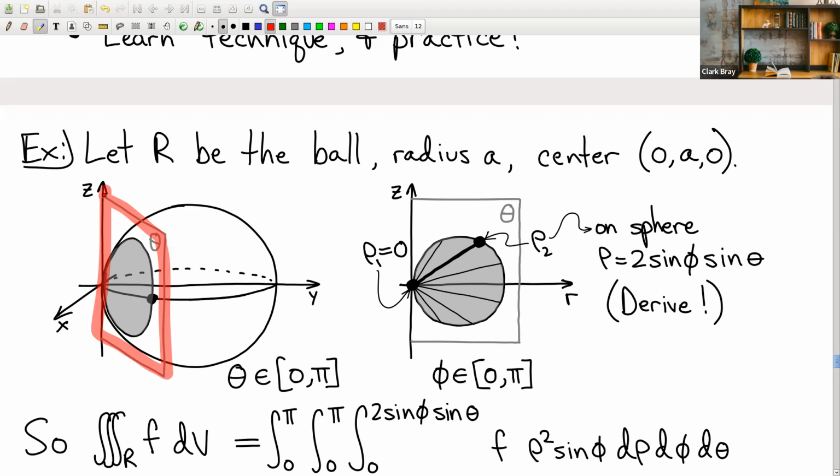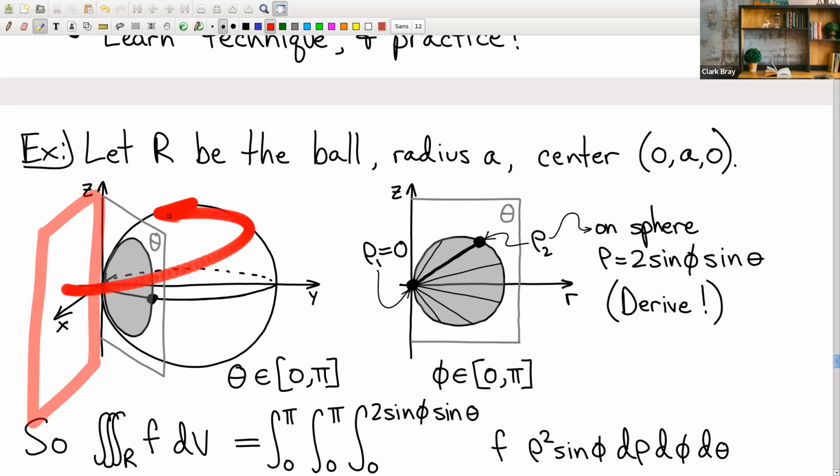The first one is over there, and then it goes over to over there. That's because it's offset, right? So this ball does not surround the z-axis. It just sideswipes the z-axis. So you don't get 0 to 2 pi. It's just 0 to pi.